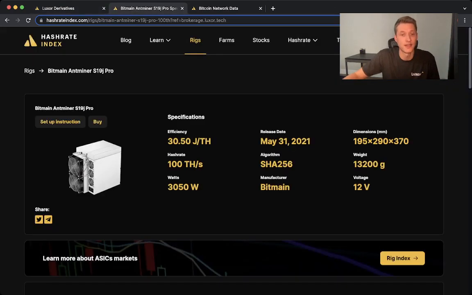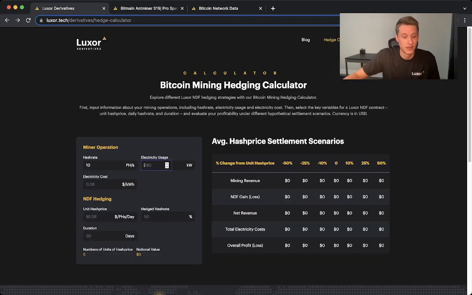We also see here that each S19J Pro uses 3050 watts, which is 3.05 kilowatts. So for 100 machines, we should be using 305 kilowatts. For the electricity costs, I'm just going to assume 6 cents, but of course you would input whatever value you are paying for electricity with your operations.